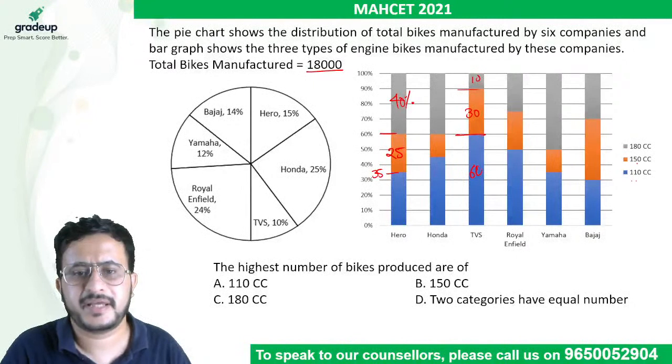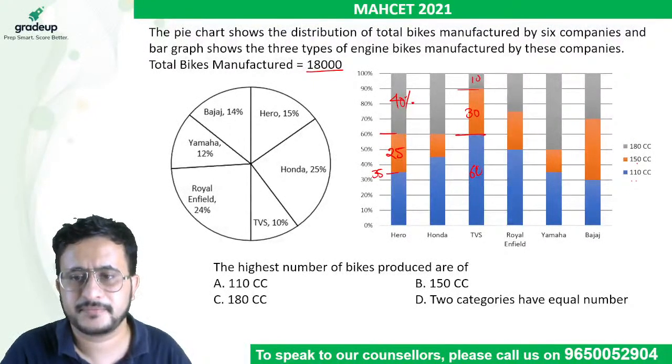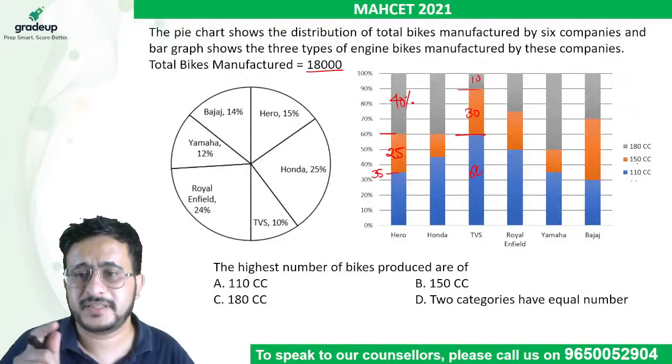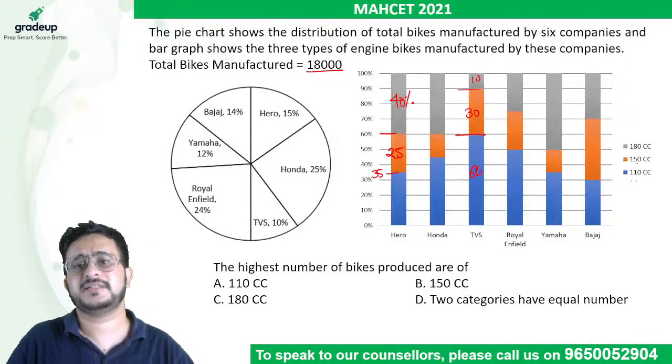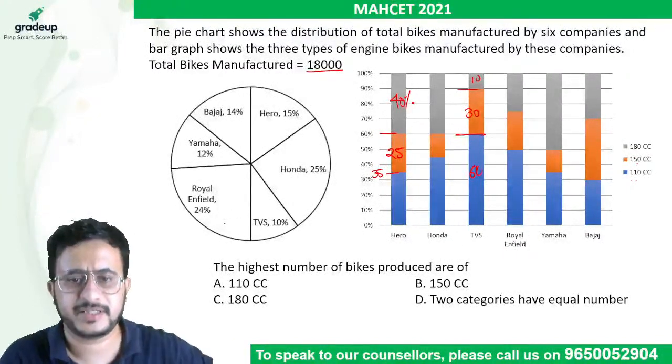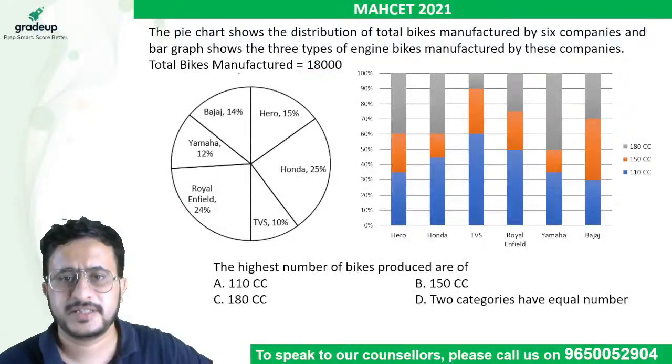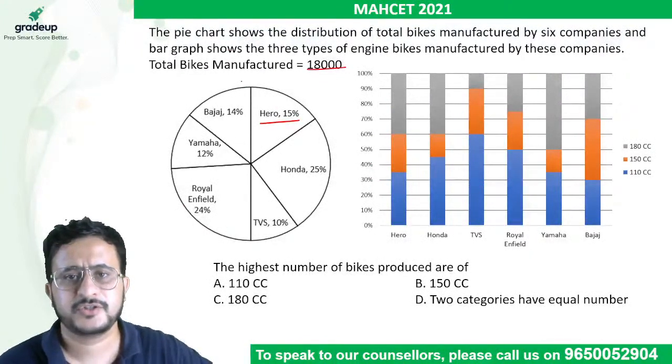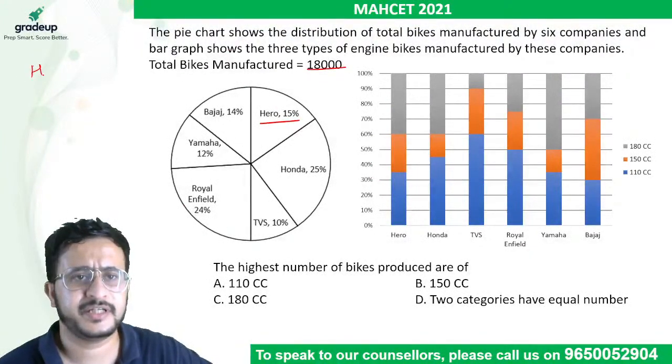So, the highest number of bikes are produced of which category? One thing is you calculate individually. I'll tell you how to calculate, but you are not supposed to. Hero is 15%, so 15% of 18,000 will be 2,700.